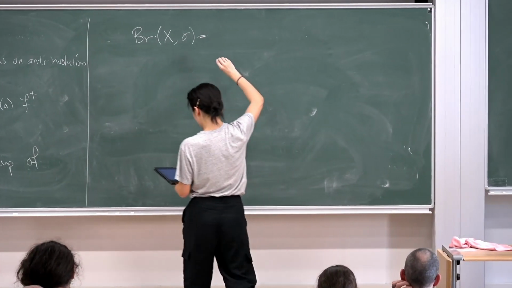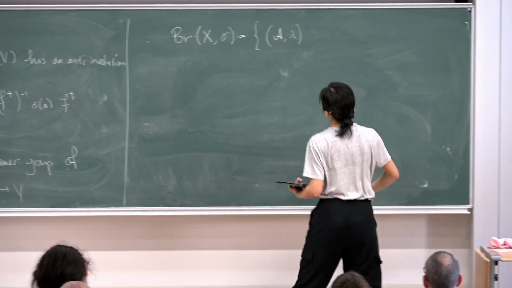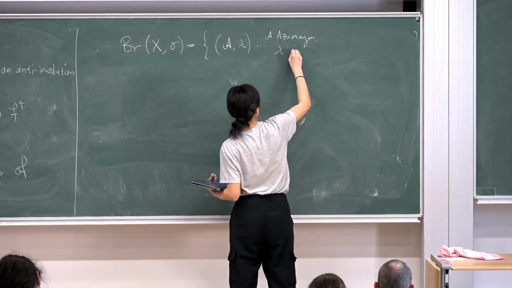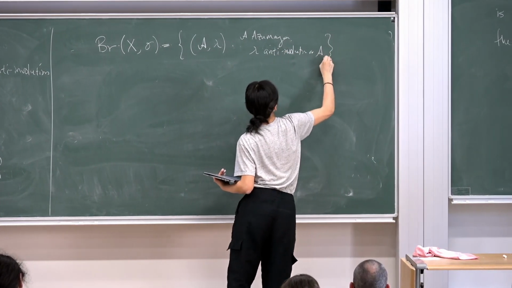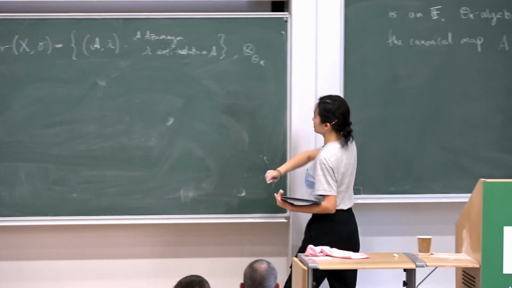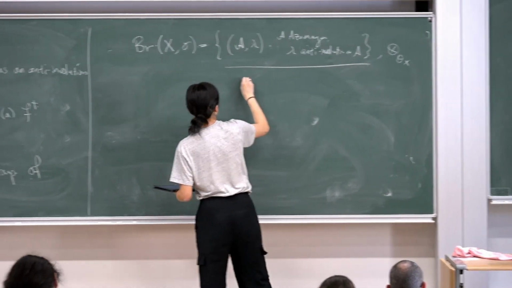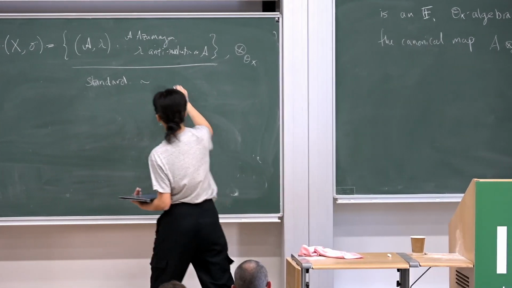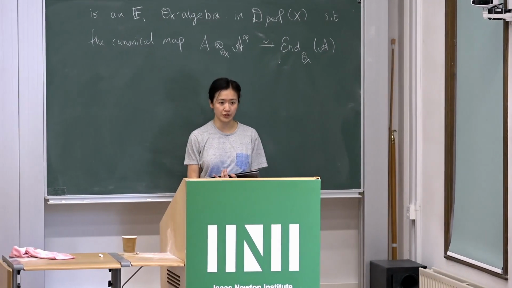This is all such A and lambda, where A is an Azumaya algebra over X, and lambda is an anti-involution on A. I claim that I can tensor two together over OX, and I still get an anti-involution on their tensor product. And now I'm going to set the standard guys equivalent to OX, which has a canonical Hermitian form.